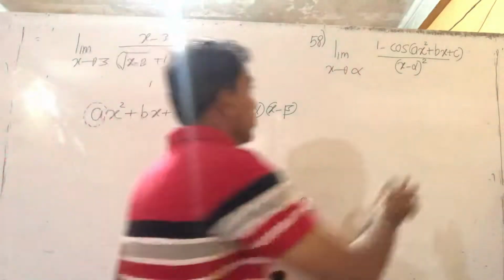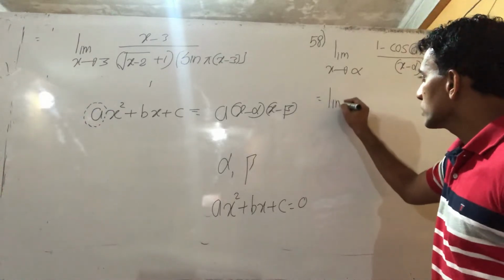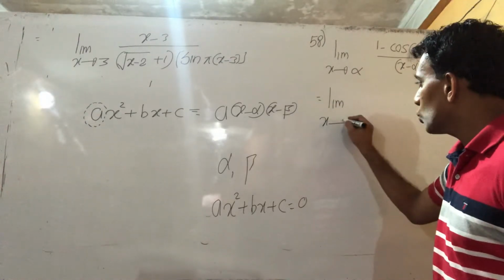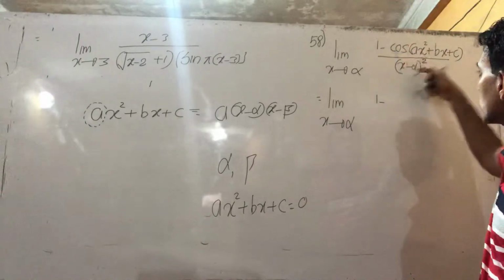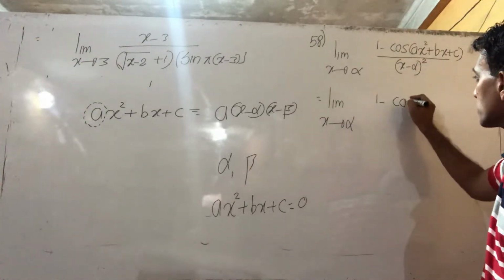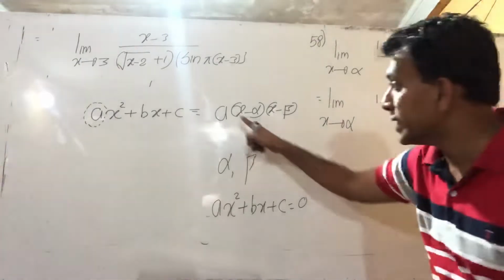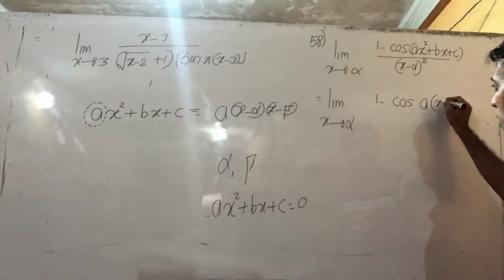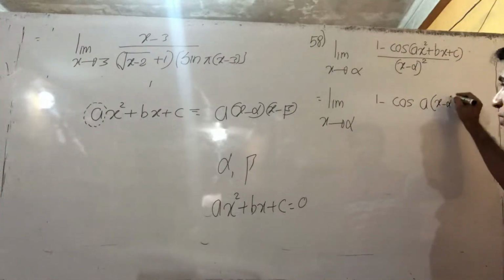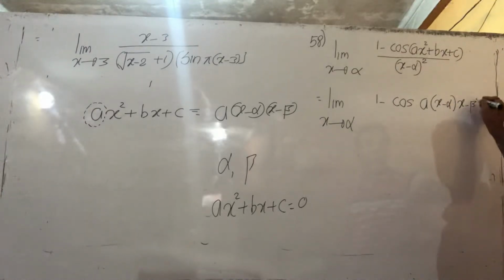Okay. Now we come to this part. Limit x tends to alpha, 1 minus, write this, cos of ax square plus bx plus c, which is a into x minus alpha into x minus beta. Okay, very important step.